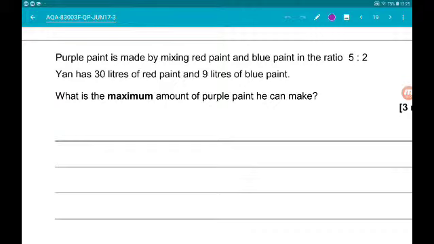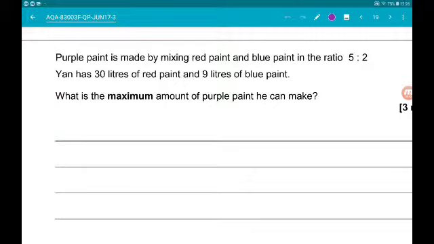We want to work out the maximum amount of purple paint Jan can make. Okay, so this is a classic type of question where you're making something and you're going to run out of one ingredient before the other.